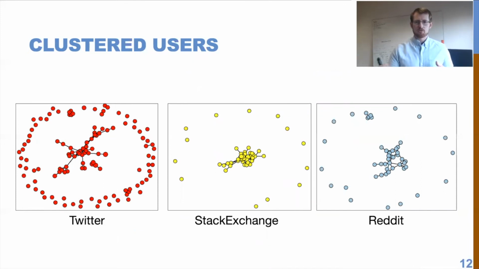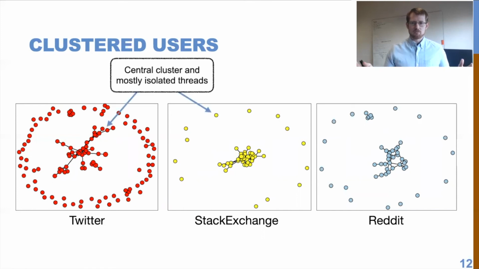This tells us whether there was maybe knowledge shared between these discussions. And what we saw was that in each of these forums there's a central cluster with many isolated threads around it, which continues to show this idea of having a central group of people who talk to each other, work with each other, and then these isolated groups outside.